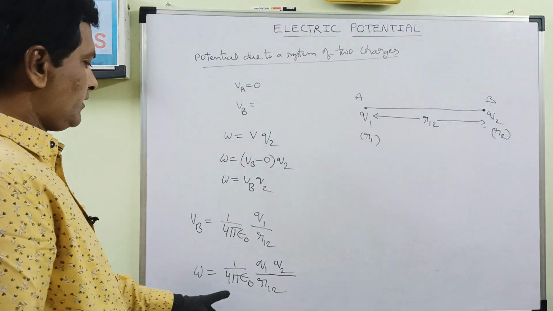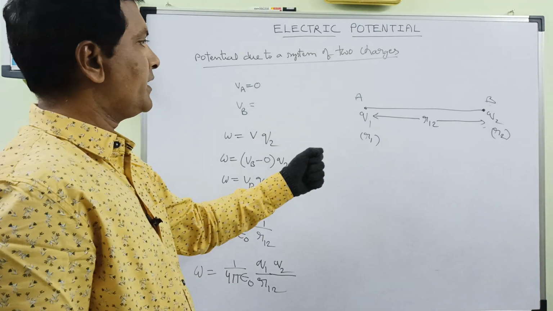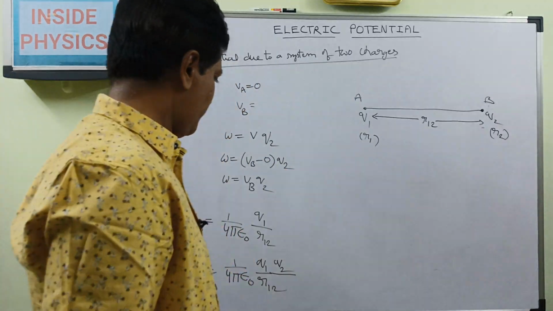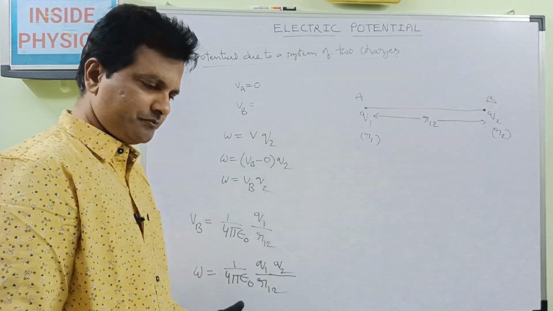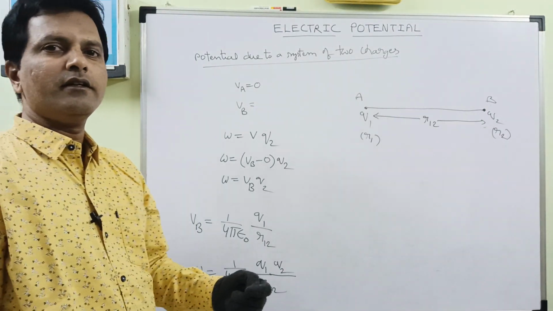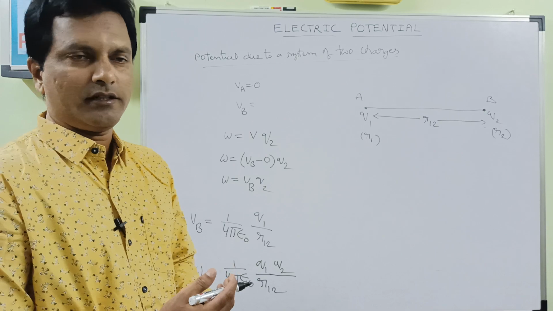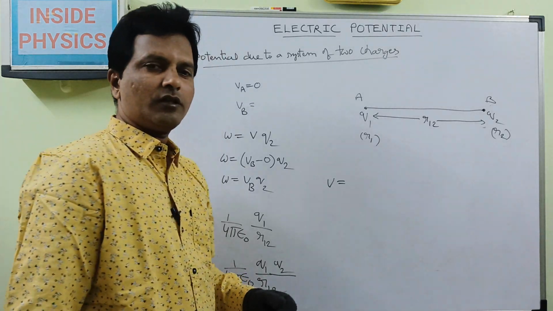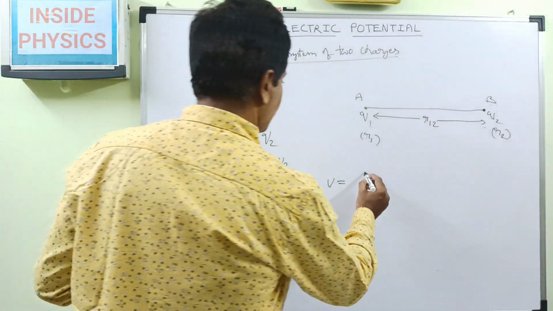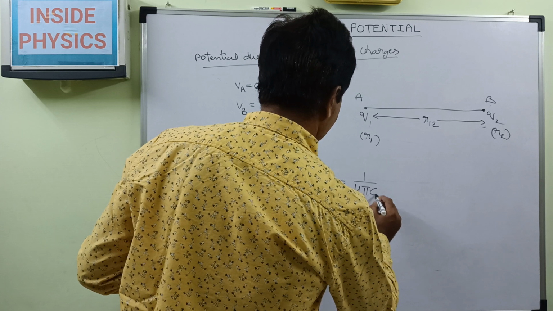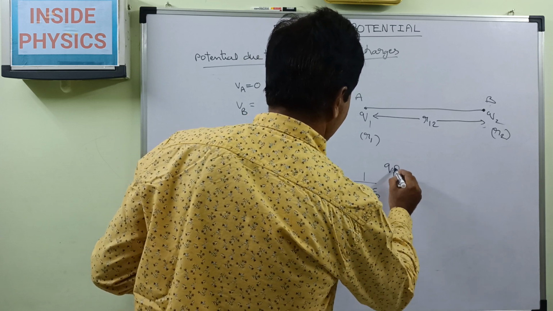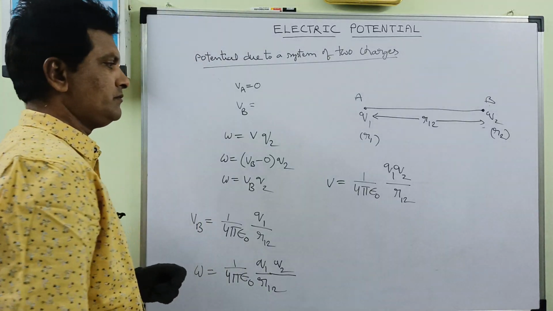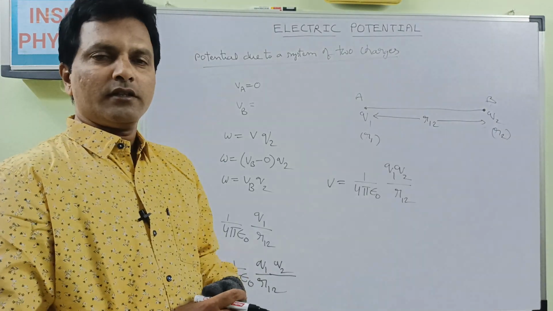So here the total work done to bring these two charges from infinity to these two positions will be this one. Here also we know that the work done will be equal to potential. So we can write the potential of a system of a combination of two charges as 1 by 4 pi epsilon naught q1 q2 by r12, right?